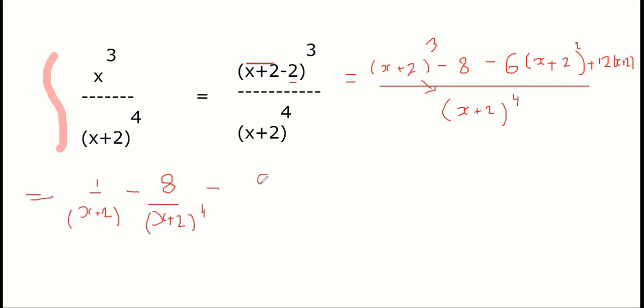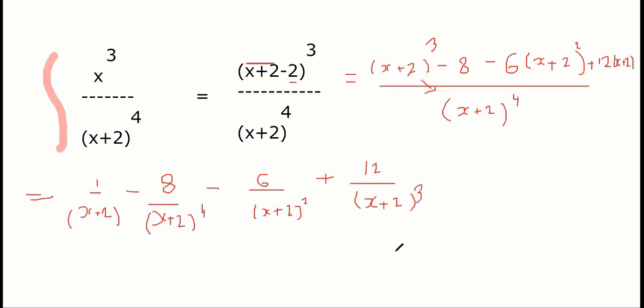Minus 6 by (x plus 2) to the power 2, because we already know the integration of ax plus b form, I told you in the starting. Plus 12 by (x plus 2) cube. You already know how to do x to the power n or (x plus b) to the power n.